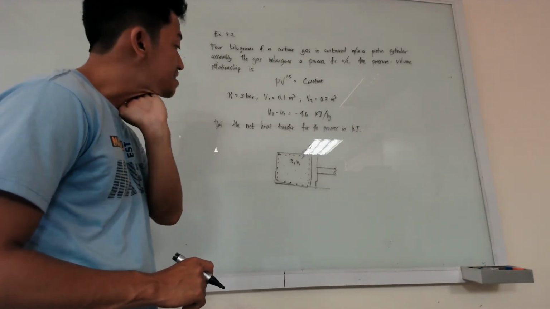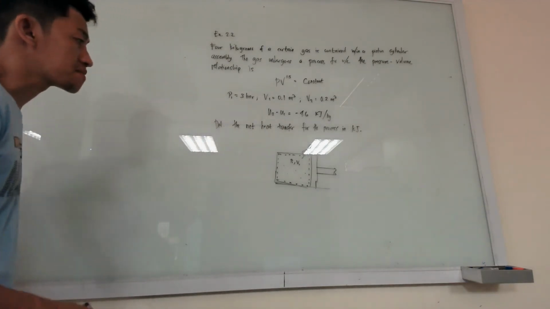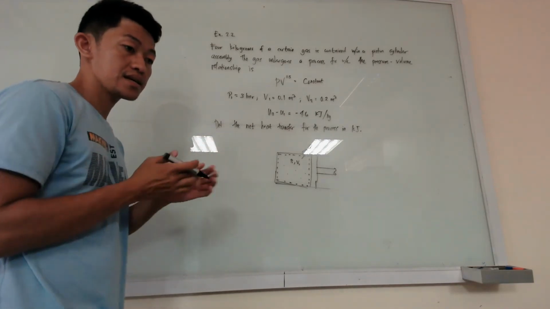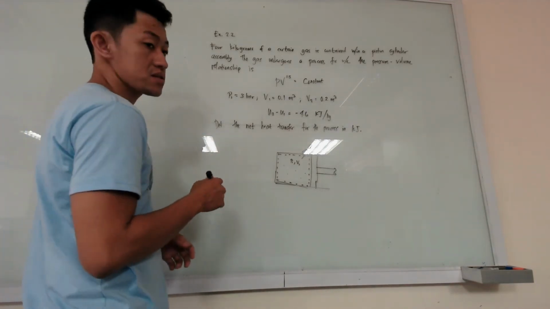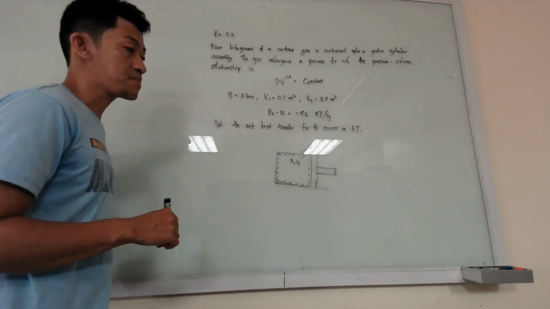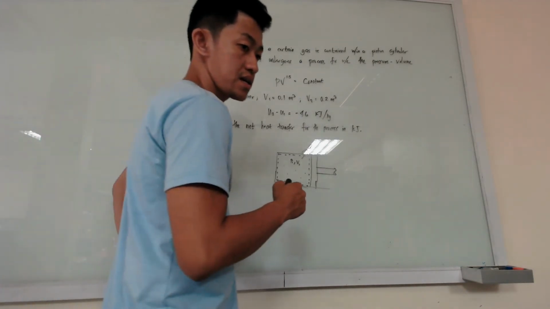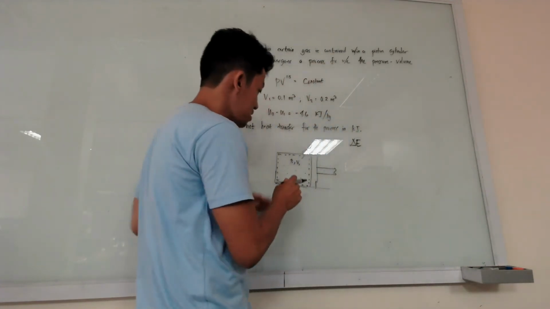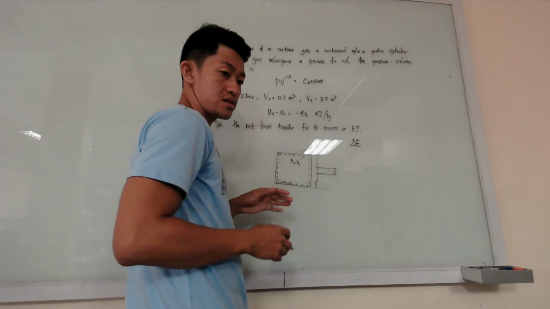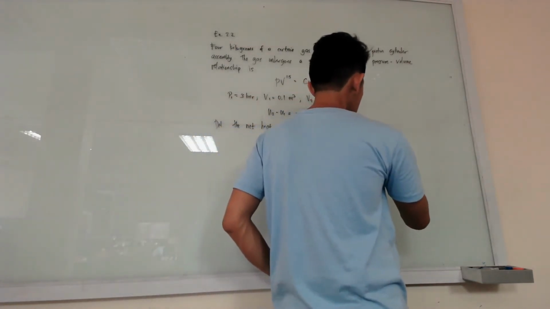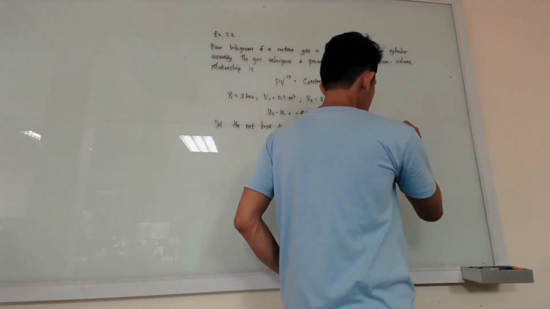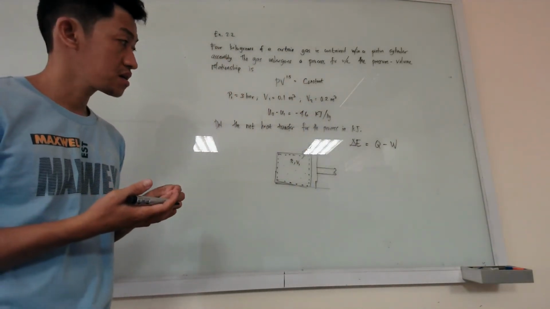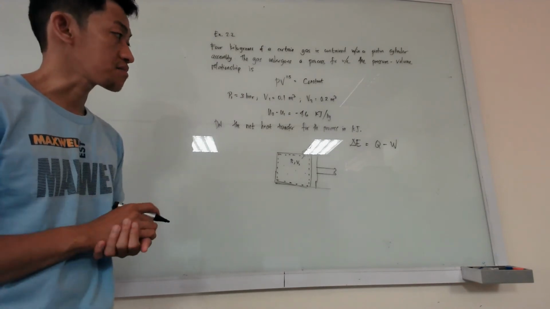Okay? How much is the net heat transfer? So how do you solve that one is by using the first law of thermodynamics. Okay? You have the change in energy of a system. So this is your system, meaning gas within the cylinder assembly, is just equal to the net heat transfer minus the work done by the system.